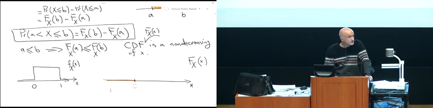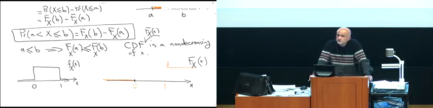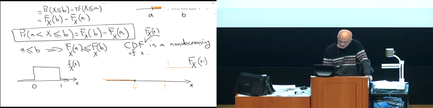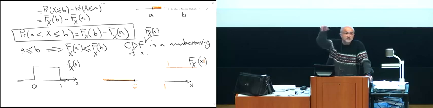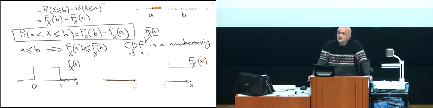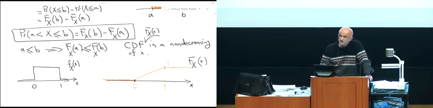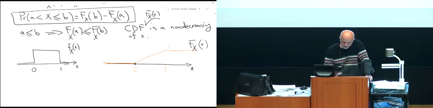So if this is 0, to the left it's 0. What about to the right of 1? What's the probability that it's greater than 1? 1. This is 1. And how does it behave in between? What's the probability that F_X(x) is 1/2? In other words, I spin the wheel and I get some value less than or equal to 1/2. 1/2. So how does it behave from here to here? Linearly. Okay? So that's the CDF for this function.